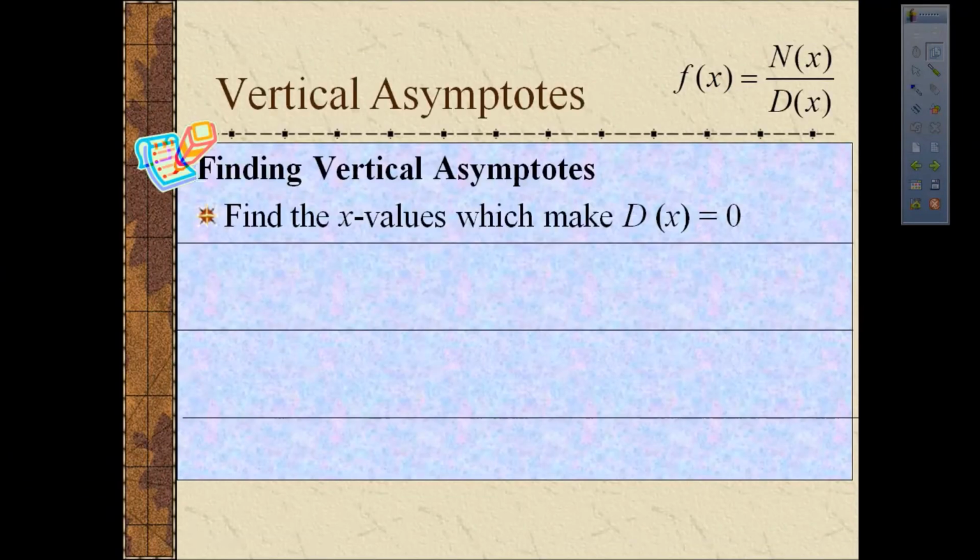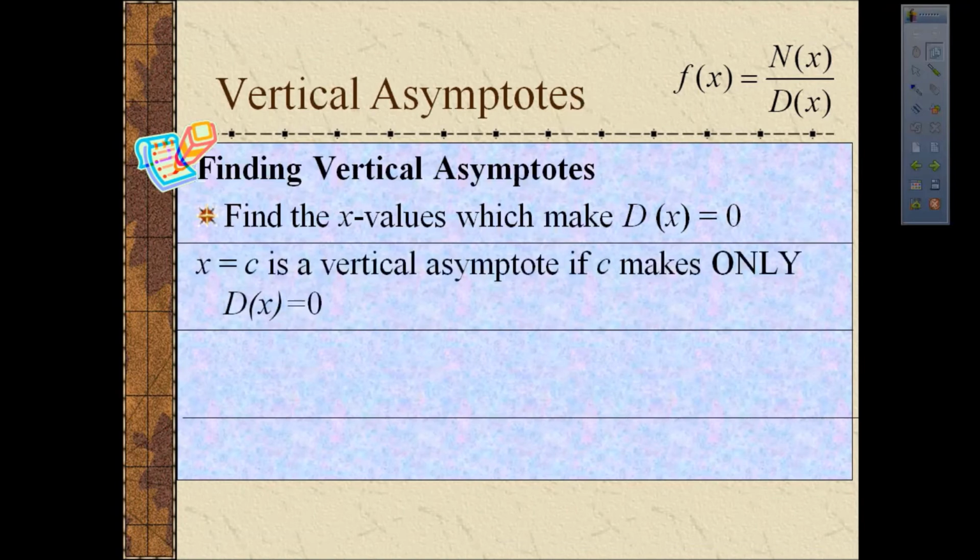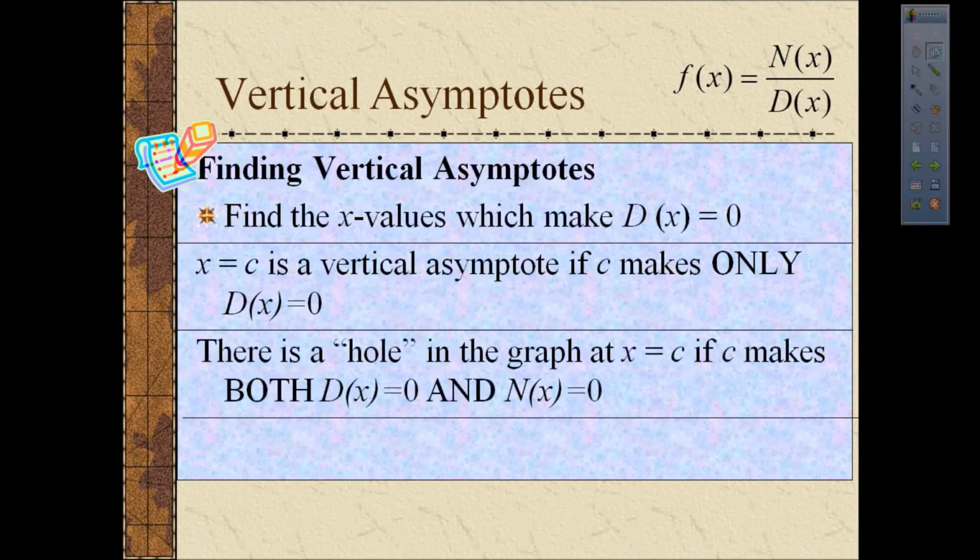So to add some more detail to our notes here, yes, when looking for vertical asymptotes, find the x values that make the denominator equal 0. But x equals c is a vertical asymptote if c makes only the denominator equal 0. There is a hole in the graph at x equals c if c makes both the denominator and the numerator equal to 0.